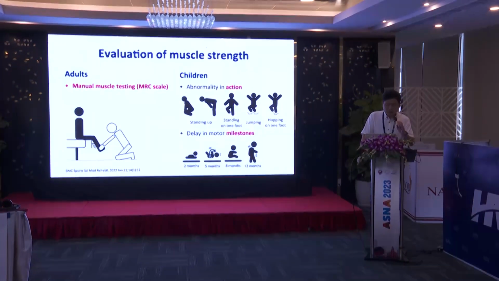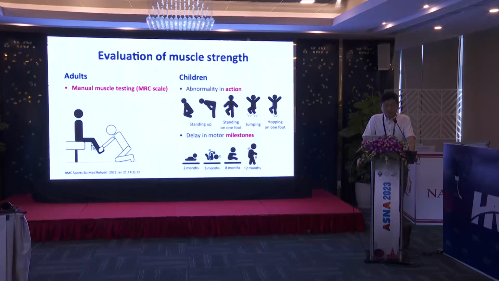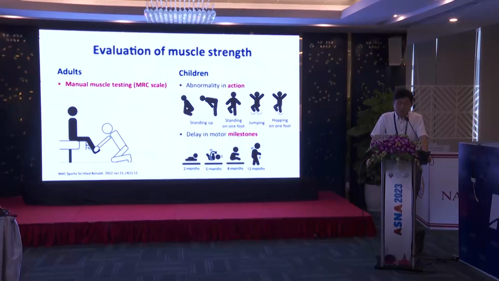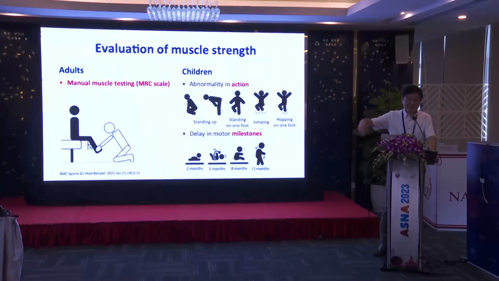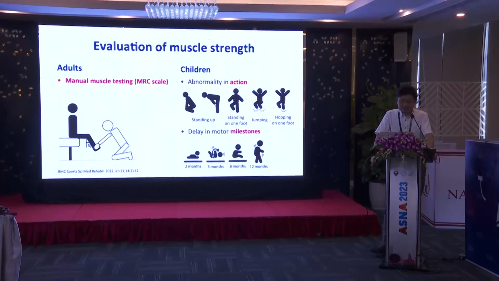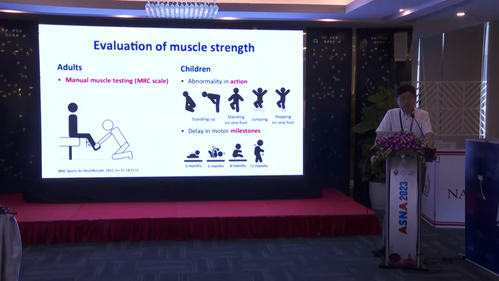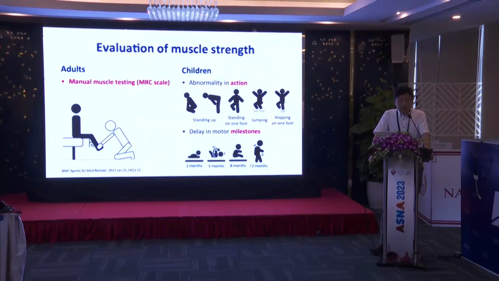But oftentimes they don't follow your commands and they will just be running around. It's very, very difficult. So you have to observe their behavior and actions. So observation of abnormality in action is very important and useful even in adults.